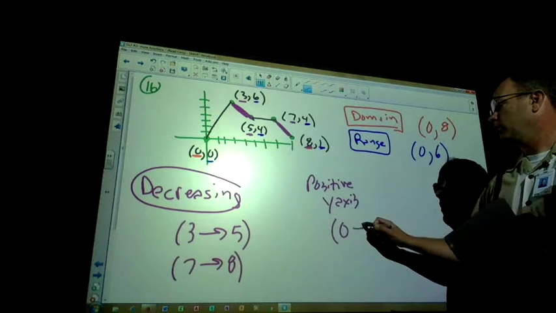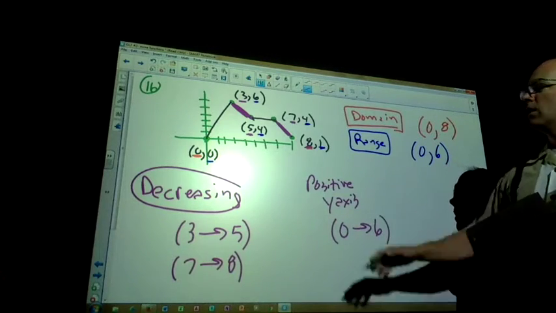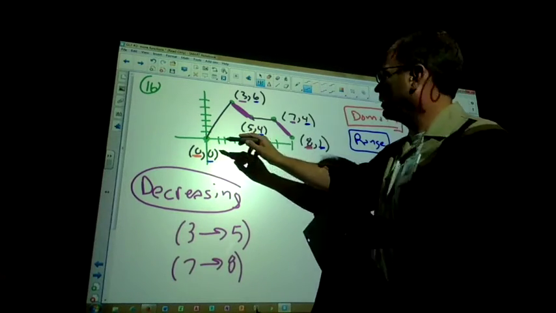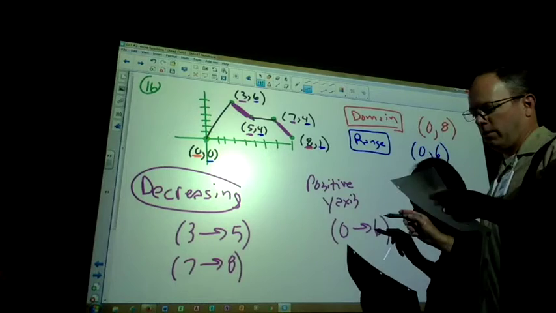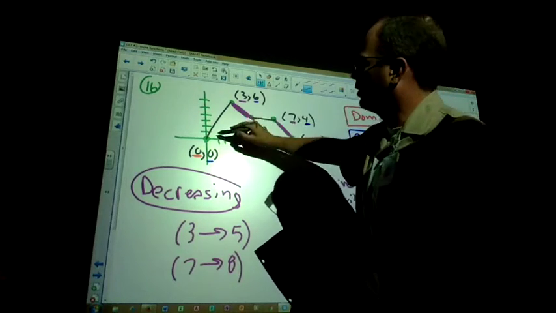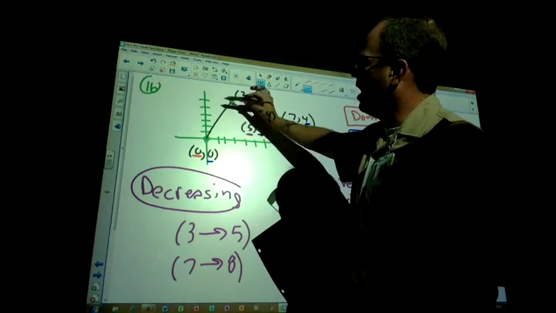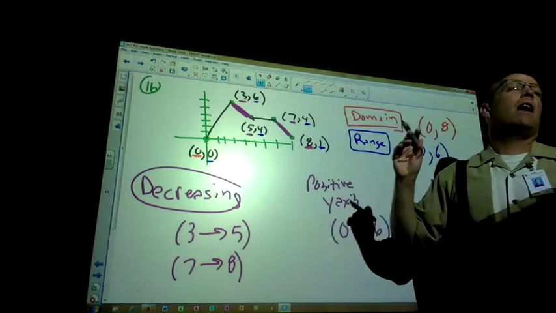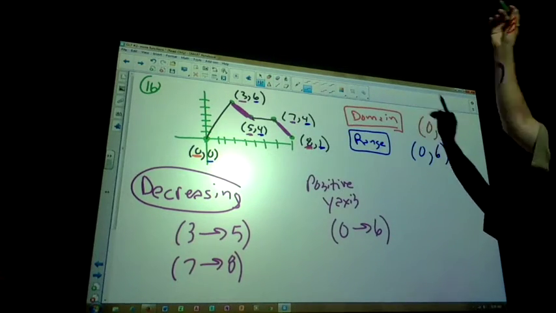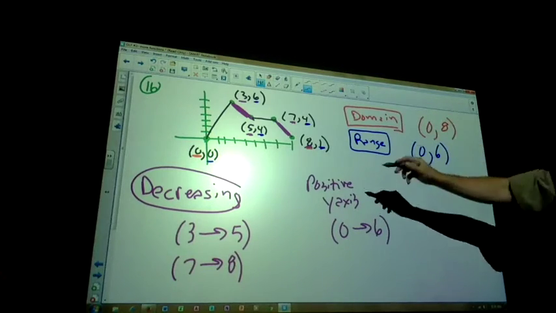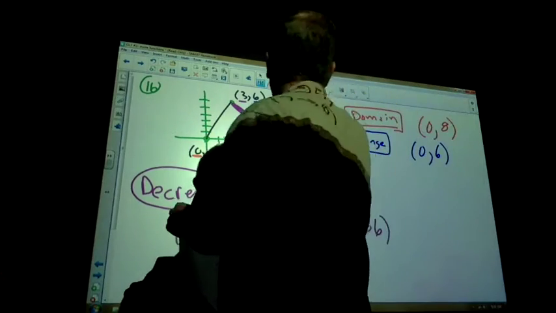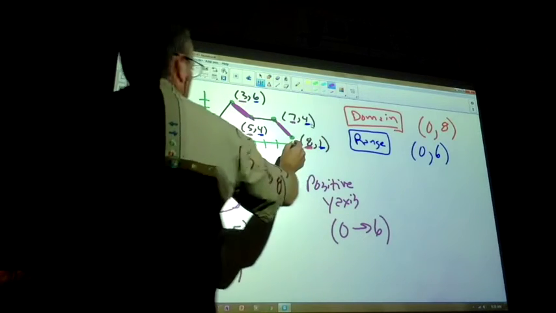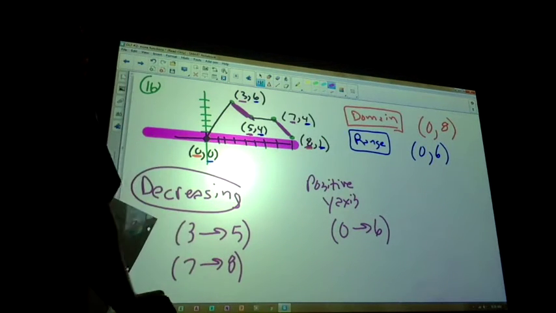So 0 to 6. So from here to here, as I go up, I go from 0 all the way up to 6, and the graph happens to exist entirely above the x-axis. We're looking where it's above that line right there.